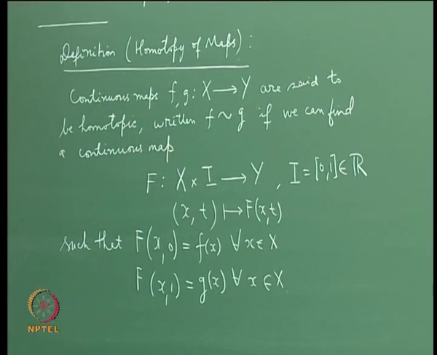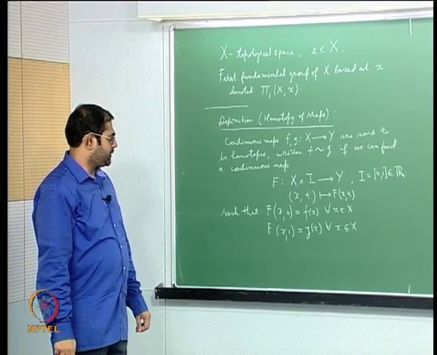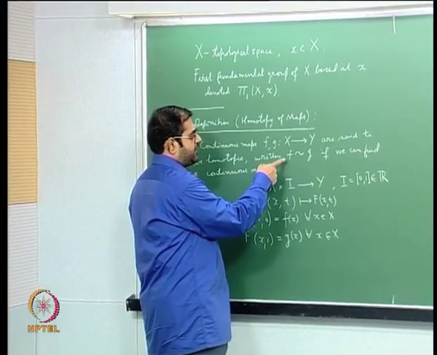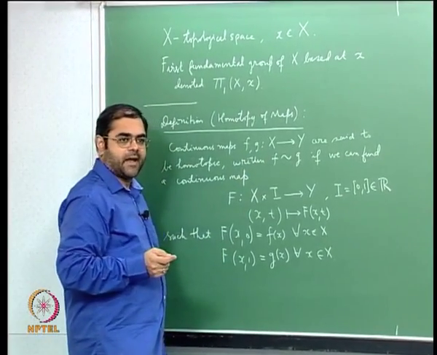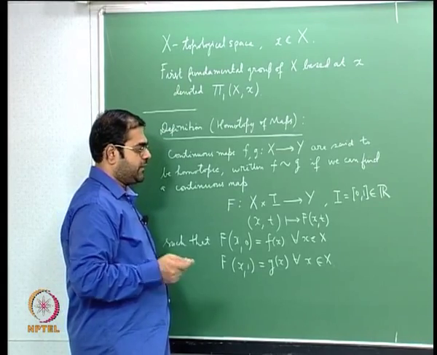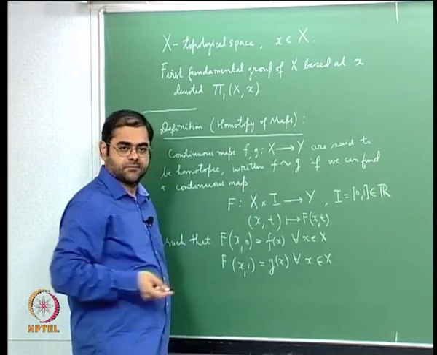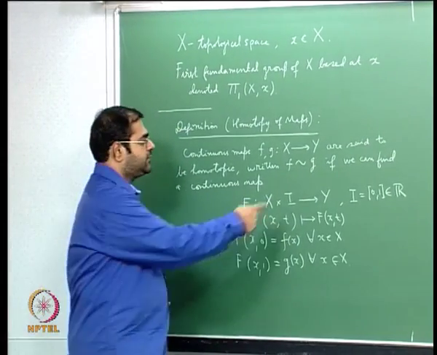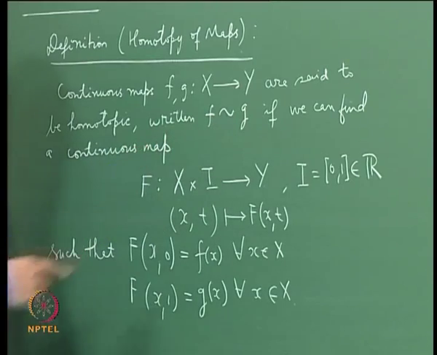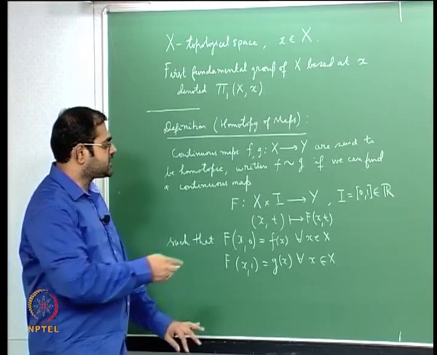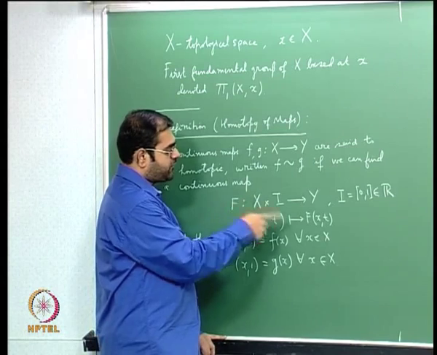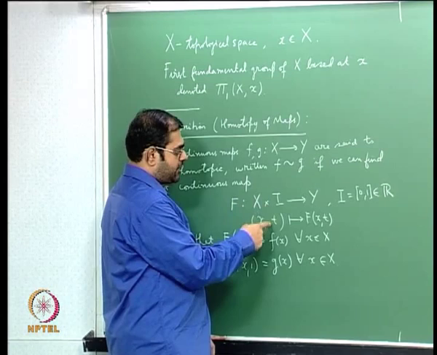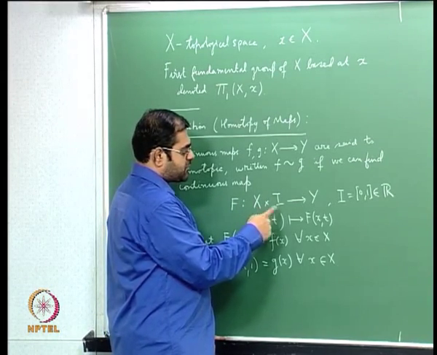And so this definition actually tells you that f is homotopic to g, and you can guess that this is going to be an equivalence relation eventually. So this will also tell you, or you can deduce very easily, that g is homotopic to f. Okay, but the point is that what we have is a continuous map which is to be thought of as follows.